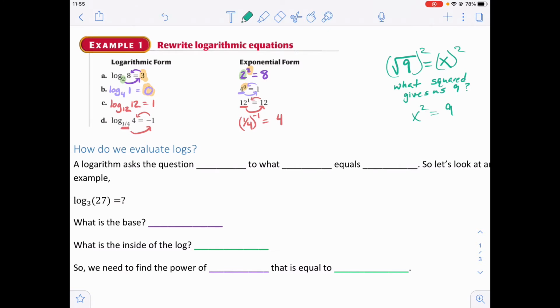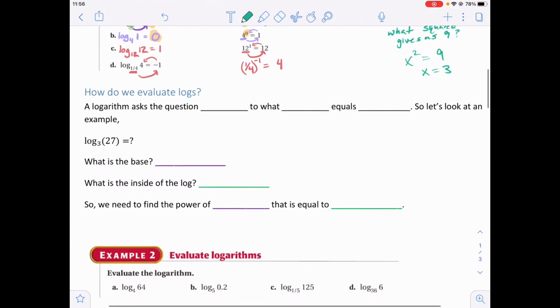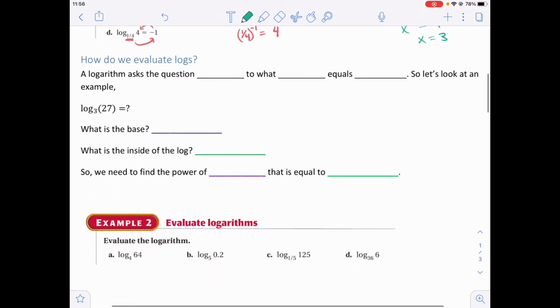And we're looking for what is positive and squared gives us 9, so we're going to say 3. This is kind of similar to our square root situation. So a logarithm asks the question, base to what power equals the inside of the log.